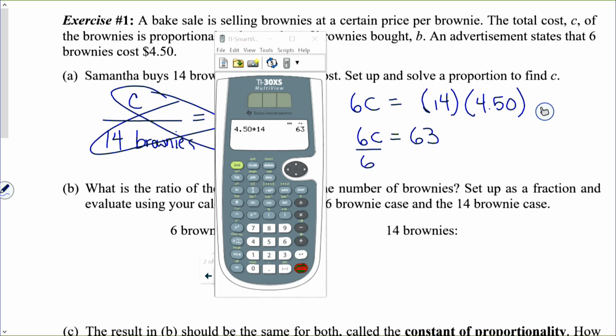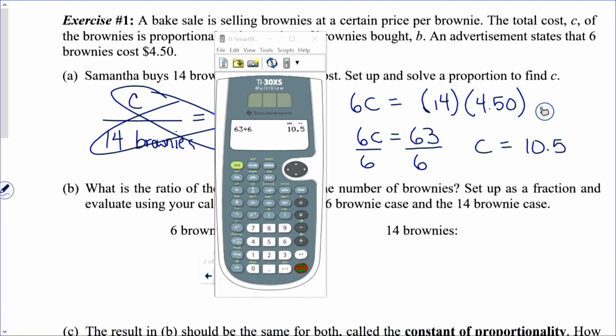I can now divide both sides by 6. I've already got my calculator out, so I can just do divided by 3. Oh, not divided by 3. I actually need 6300 divided by 6. Totally different. And I find 1050.